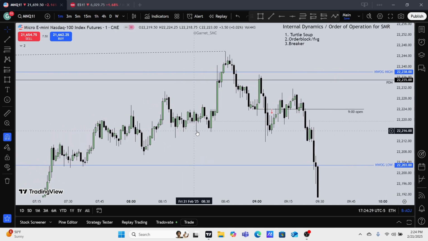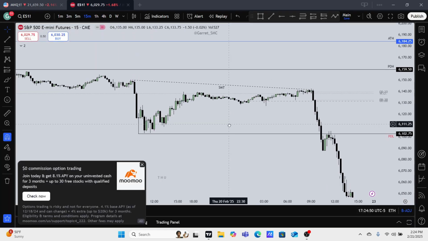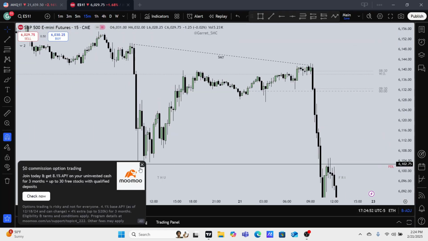So today we can see here around 8:41 a.m. we had this push higher. As we pushed higher, we took a higher time frame key level in the form of the previous day's high here. So we pushed up, taking the previous day's high. As we pushed up, we created an SMT with ES at these highs here.